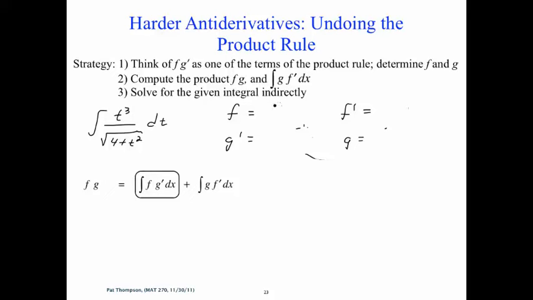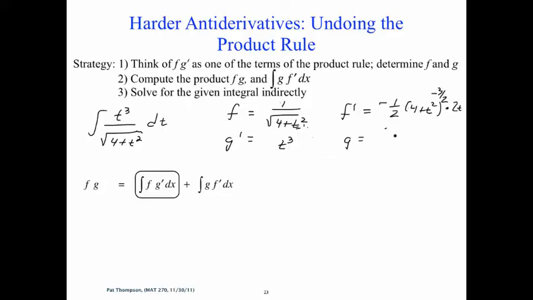So 1 over radical 4 plus t squared, and then t cubed. Derivative would be negative 1/2 times 4 plus t squared to the negative 3/2 times 2t.